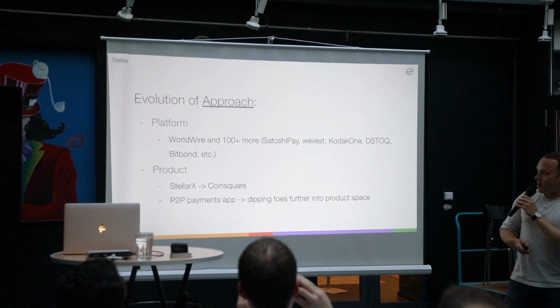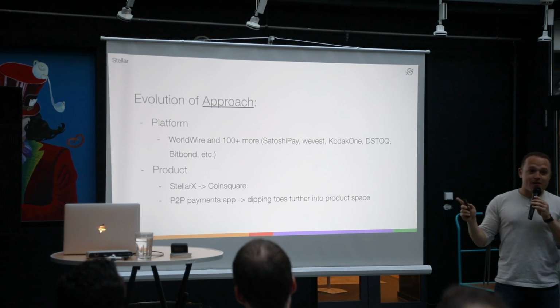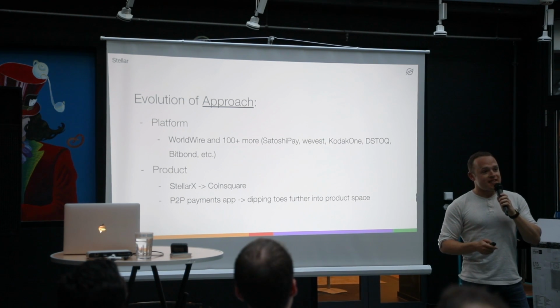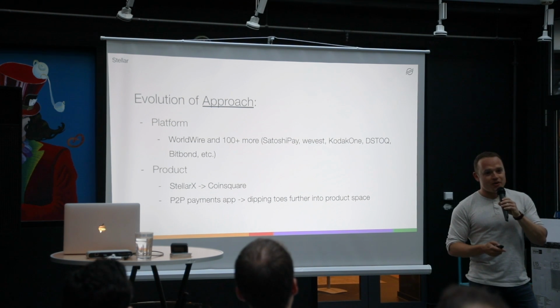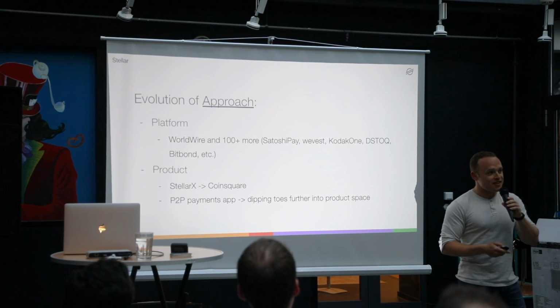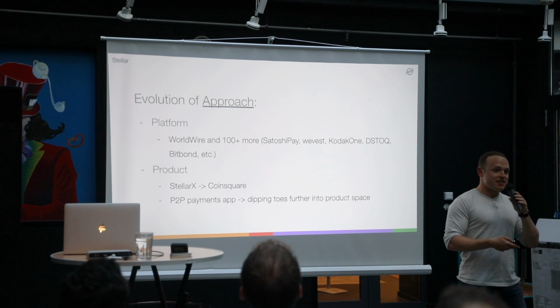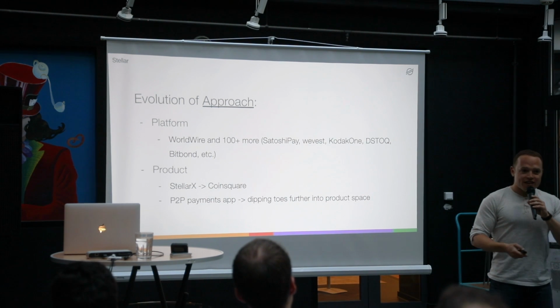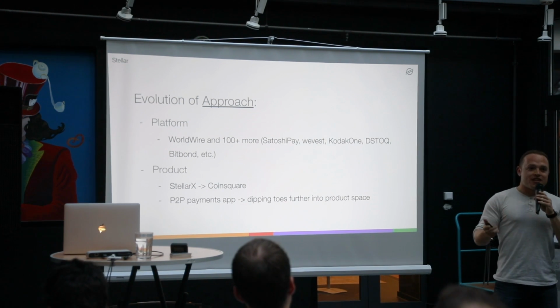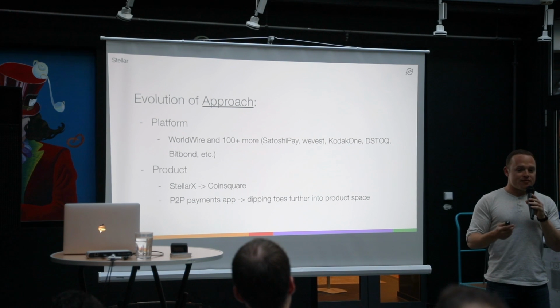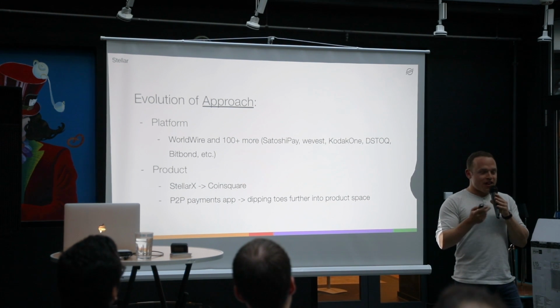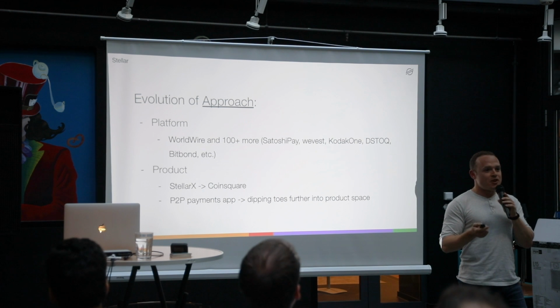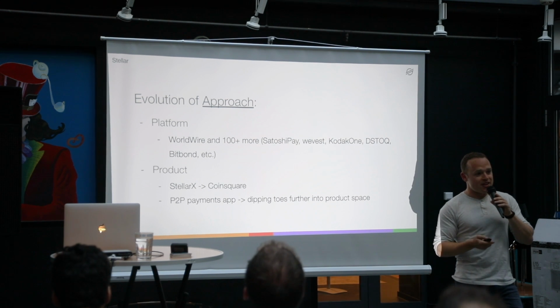And so one update about Stellar X is that it was recently acquired by a company called Coinsquare. Coinsquare is Canada's largest exchange. It's kind of like the Coinbase of Canada. And they have the regulatory experience and the regulatory framework that's necessary to run Stellar X the way it deserves to be run.